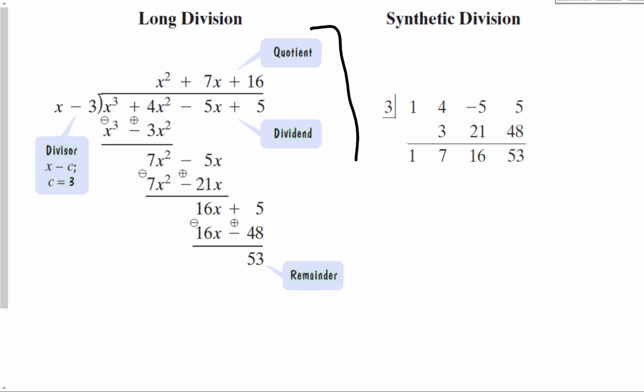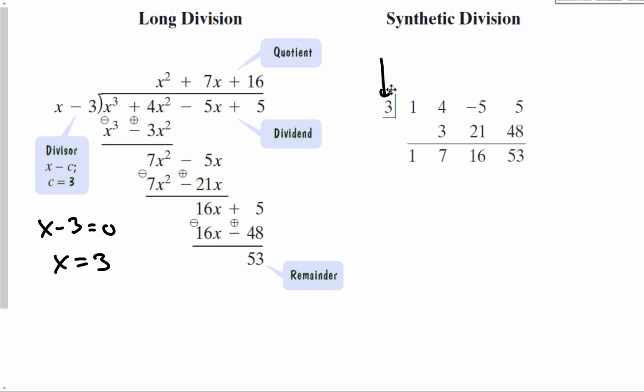Look how long this is. Okay, we can break this down with a nice smaller little thing called synthetic division. Okay, so my divisor is x minus 3, which means that c is equal to 3, which means if I set this equal to 0, x is equal to 3. That's what goes right there.